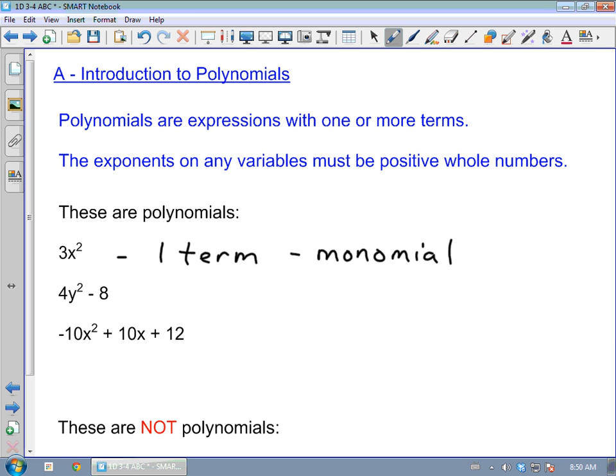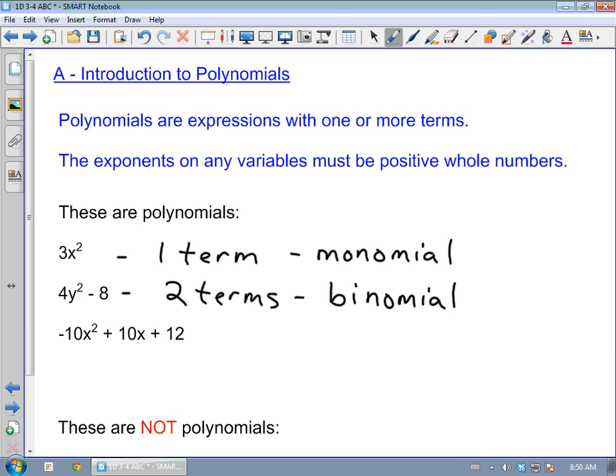Next one down, 4y squared minus 8, has 2 terms in it. If it has 2 terms in it, we call it a binomial. Bi meaning 2, just like bicycle.